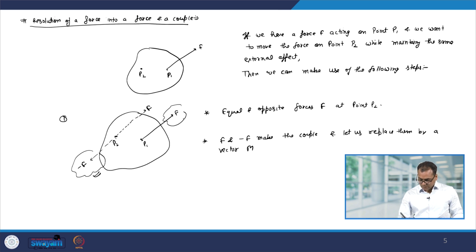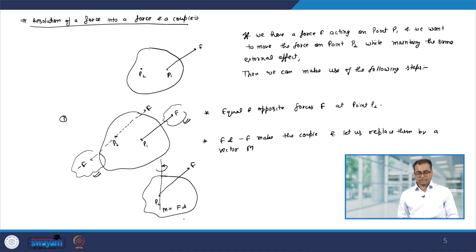So, this F and this F, I am replacing it by a couple. Now, couple is a free vector, I can place it anywhere. So, let me place it at point P2. So, now we are left with this force F and a couple, its value is M, and this is equal to one of the forces multiplied by the distance between them.